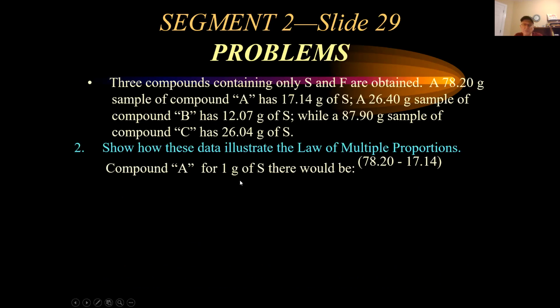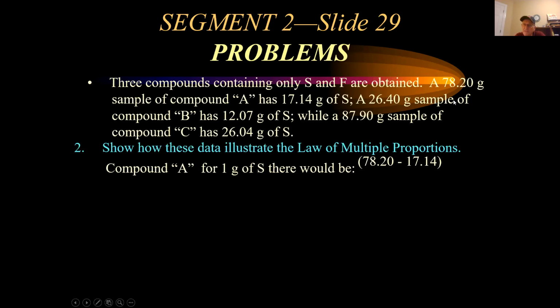So what I'm going to do is imagine for this first compound, I want a 1 right there for the mass of sulfur. The way I could get that is divide that by 17.14, and that would give me 1 gram of this. Well, how much of the fluorine would I have? I had a total sample that was 26.4. I had 17.14 grams of sulfur in it, which means the difference would be the amount of fluorine.